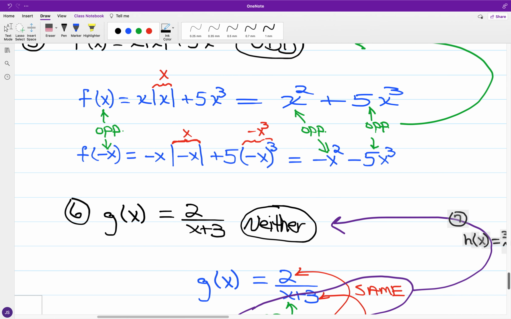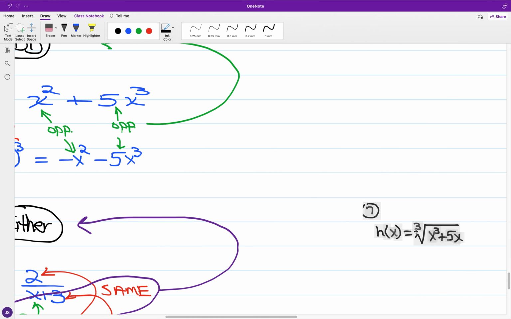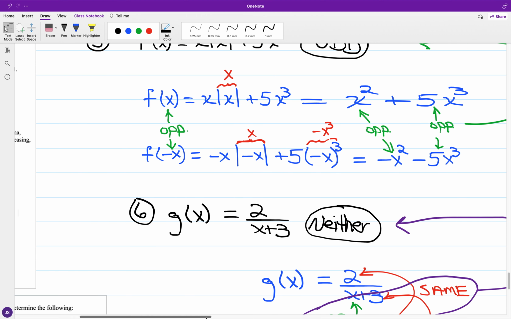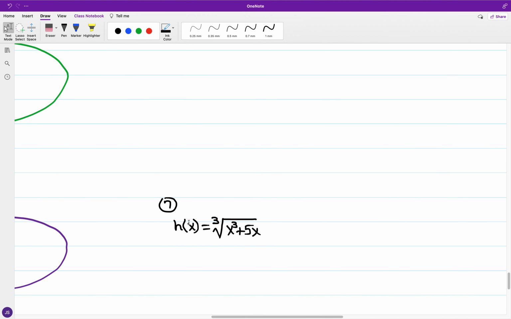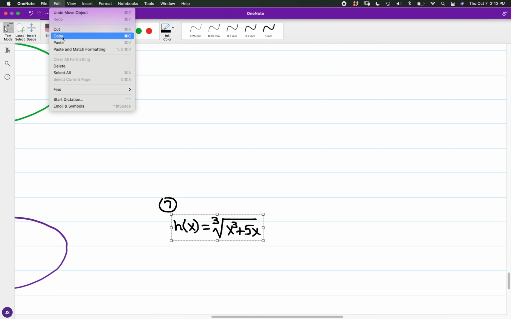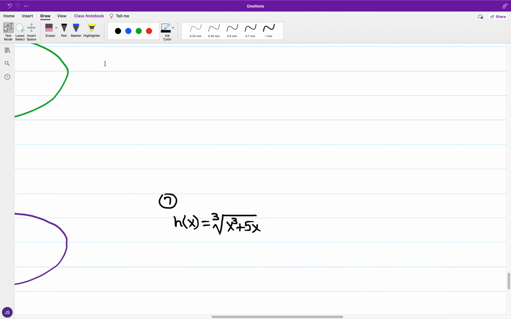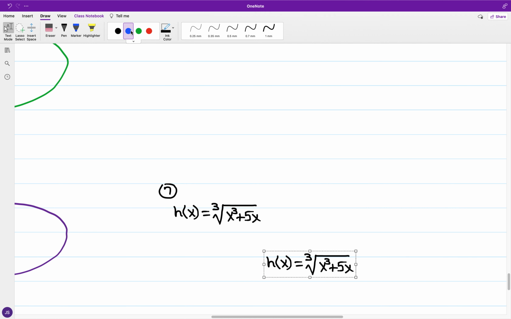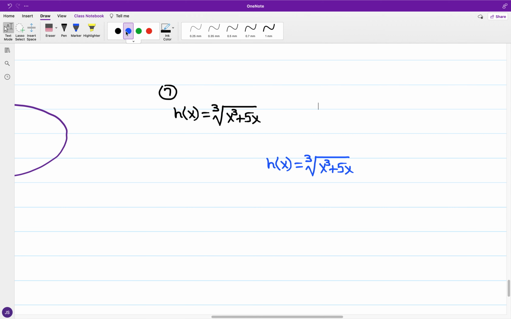And for this radical function, I have h of x equals the cubic root of x cubed plus 5x.